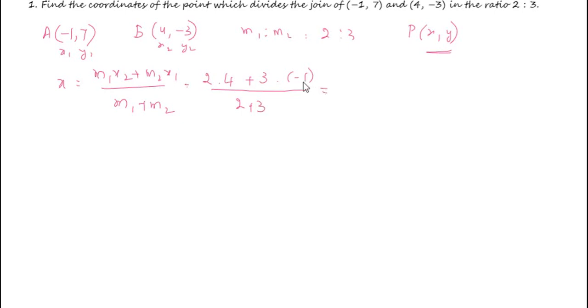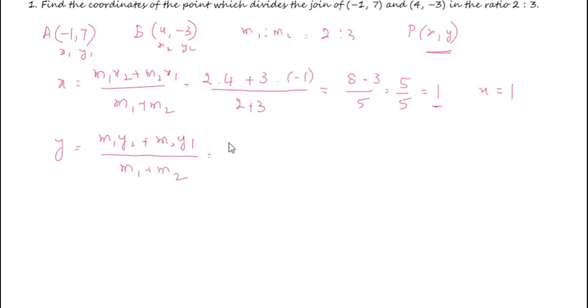So this becomes 8 minus 3 divided by 5. So it is 5 divided by 5 equal to 1. That is x equal to 1. Now y equal to m1 y2 plus m2 y1 divided by m1 plus m2.